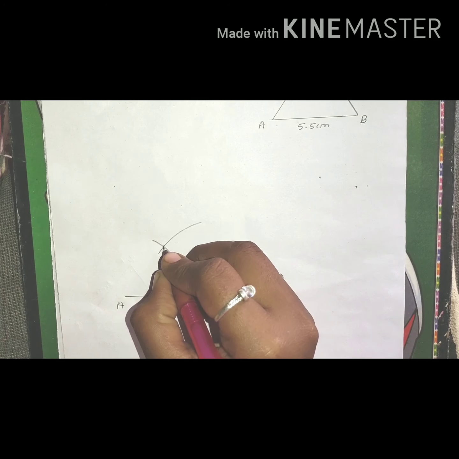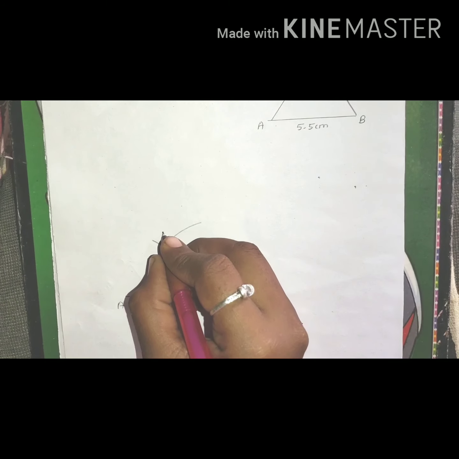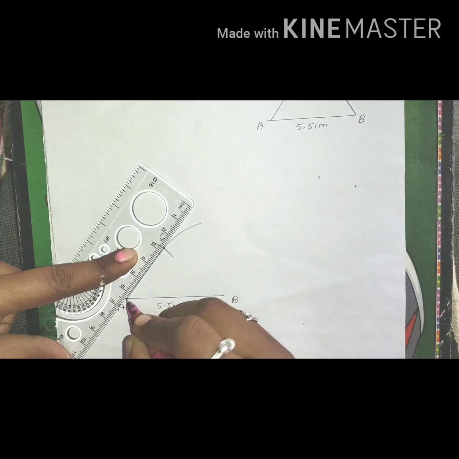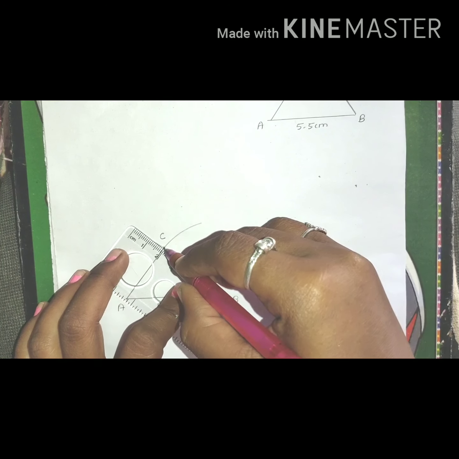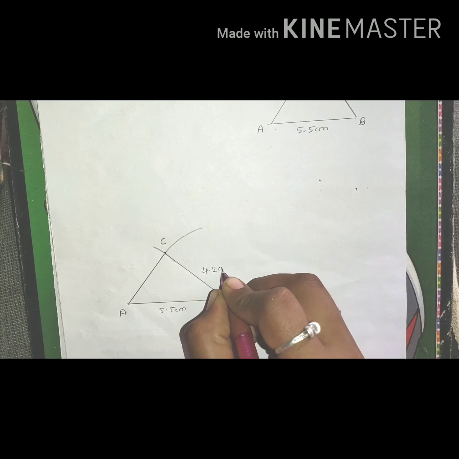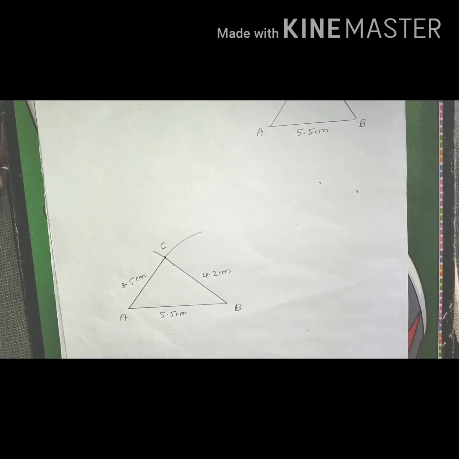Now here, as you can see, we get a point of intersection, and that is the third vertex of the triangle, that is the vertex C. And last step, draw segments AC and BC. Write down the measurements 4.2 centimeter and 3.5 centimeter.